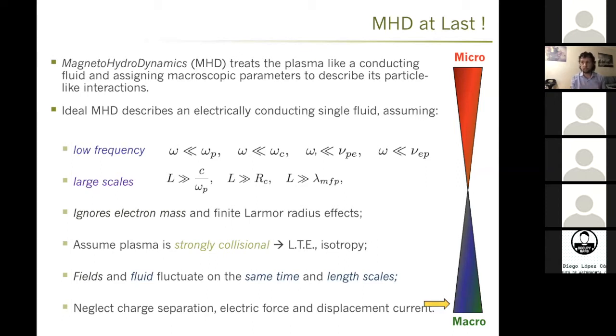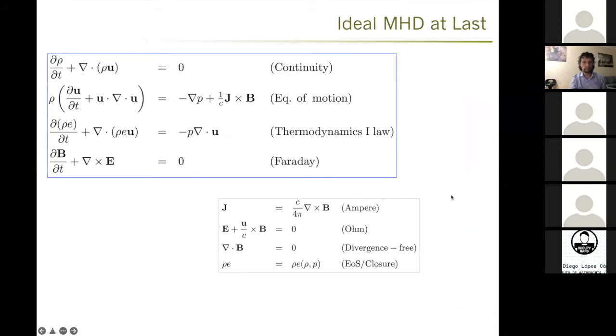This condition can also be relaxed if you move to relativistic MHD, where actually this condition cannot be fulfilled in the full way. Of course, there is no charge separation, no electric force or displacement current. These are finally the equations of MHD. Now, if you look at them, the way I wrote them here, they actually are quite simple, because you can think of them as the Euler equation of an ideal fluid on the left-hand side, plus some extra terms.